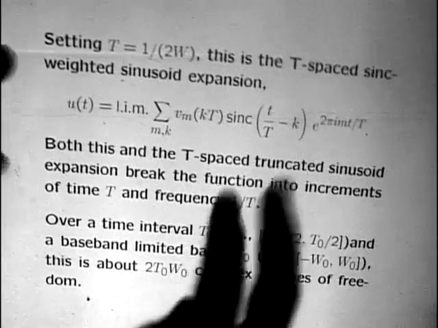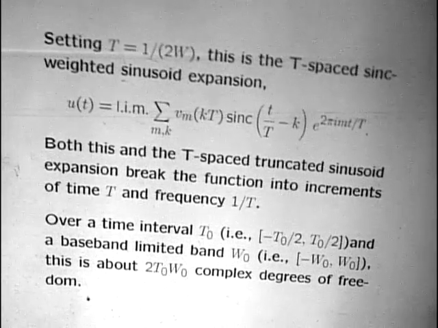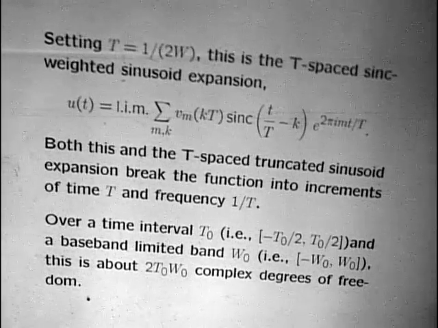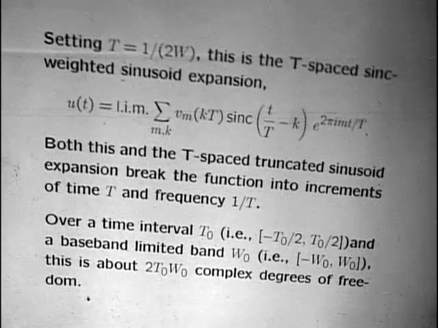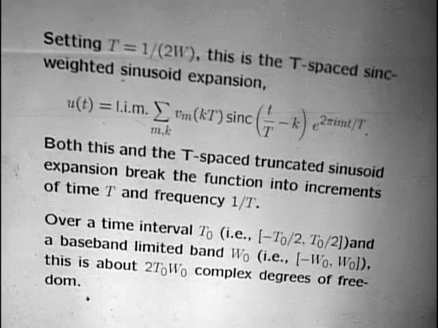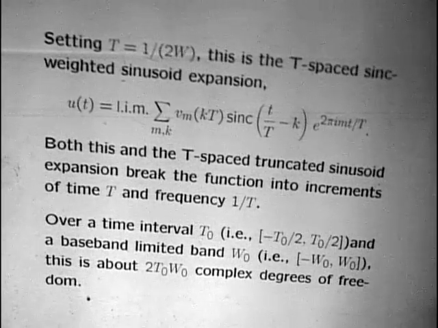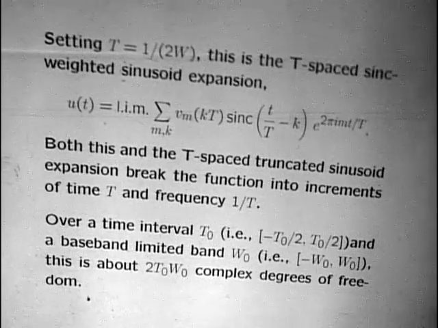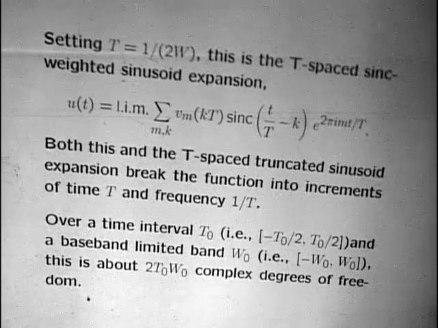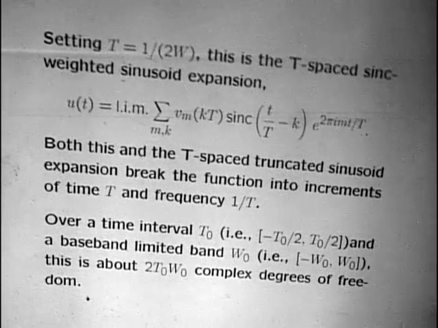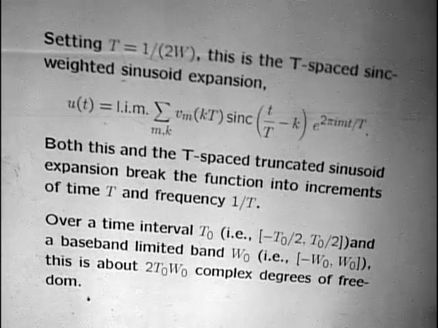And it's an expansion which looks suspiciously like the T-spaced truncated sinusoids that we had before. The only difference is that the terms were truncated in time. Here, the terms are truncated in frequency.